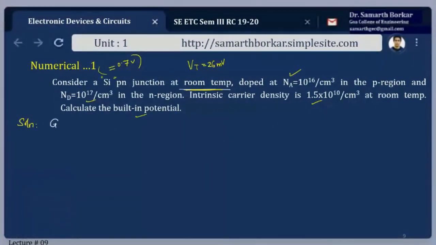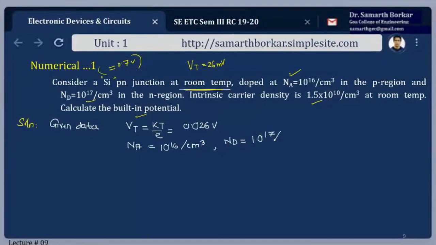Given data: Vt, the thermal voltage, is kT by e. We need not substitute all these values again and again, so you can write this as 0.026 volts. Na is 10 to the power 16 per centimeter cube, and Nd equals 10 to the power 17 per centimeter cube.